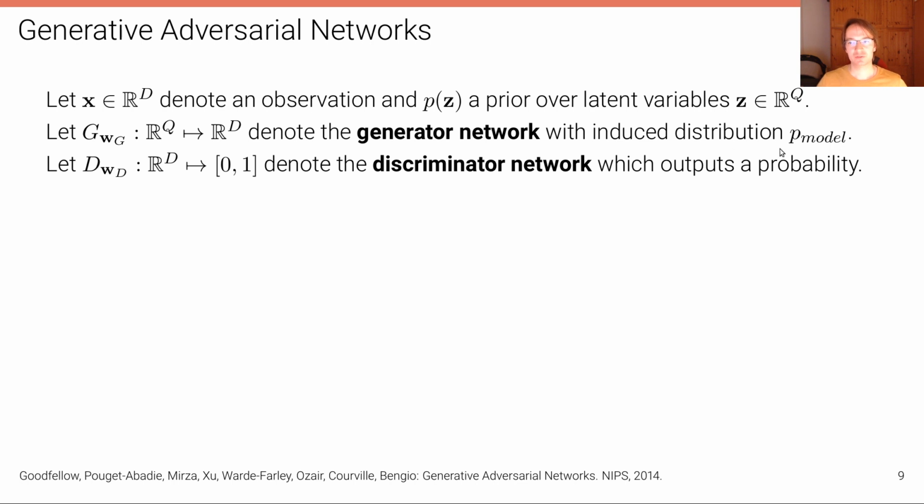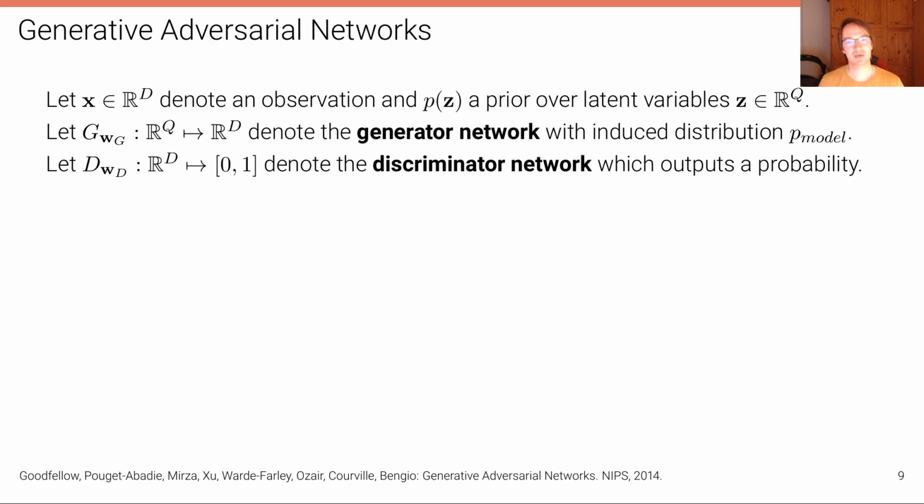And let's also call the distribution that's induced by putting a prior on the latent space Z and then having a deterministic function mapping from the latent space Z to the observation space X P model. This is a distribution over X, over generated X's. We'll call them X hat because they are predicted X's.